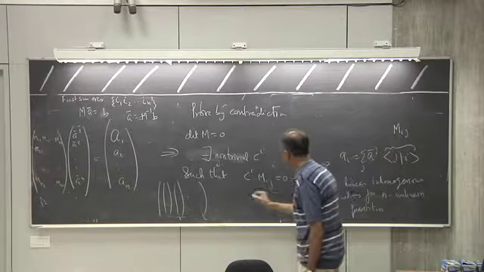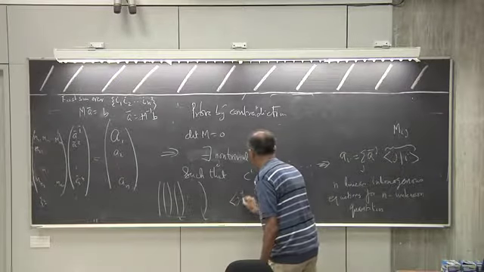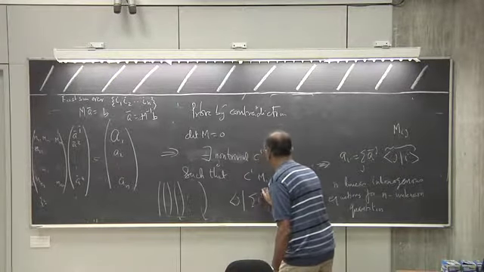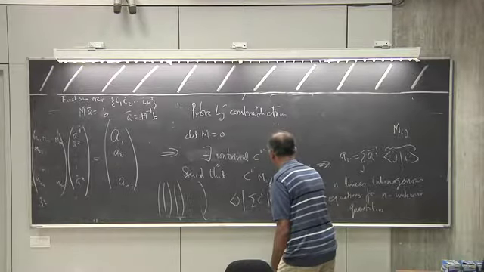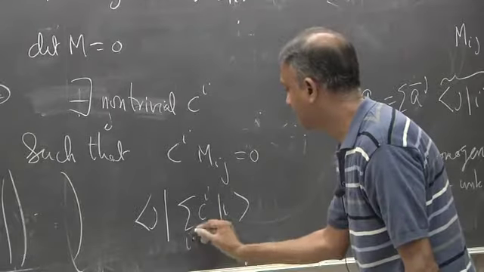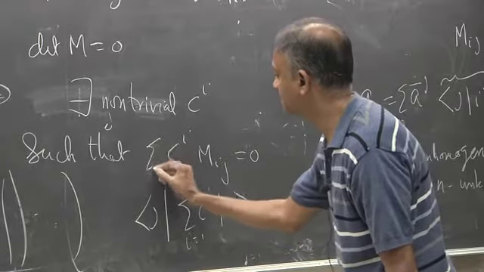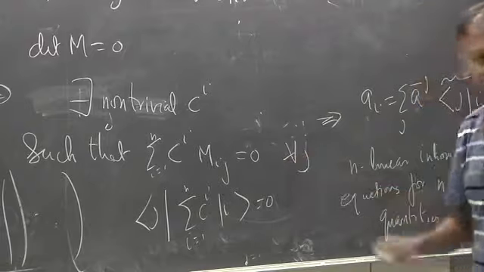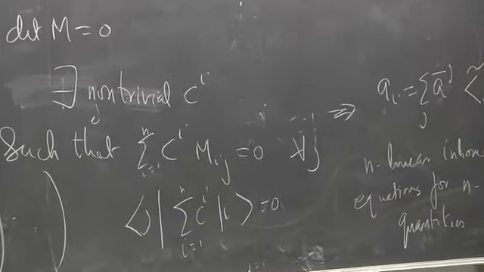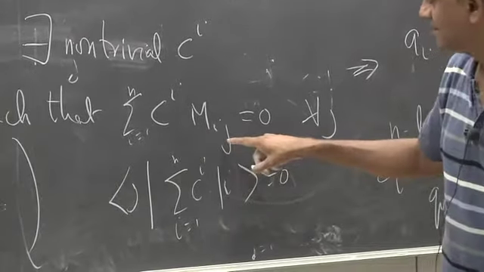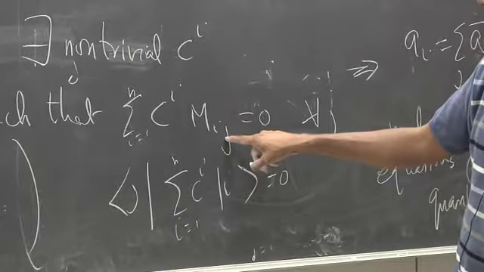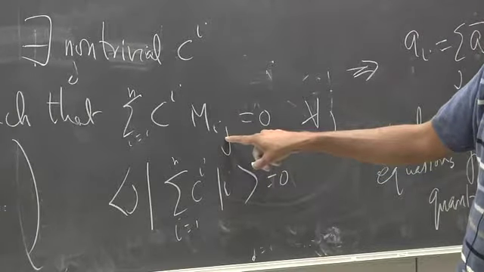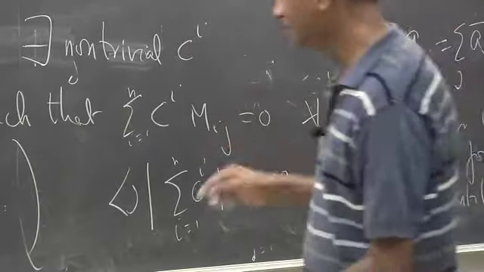What this is saying is that the sum over Ci times vector I, with I going from 1 to n, so there is a summation here, is equal to 0 for all j. Sorry, this is a row.